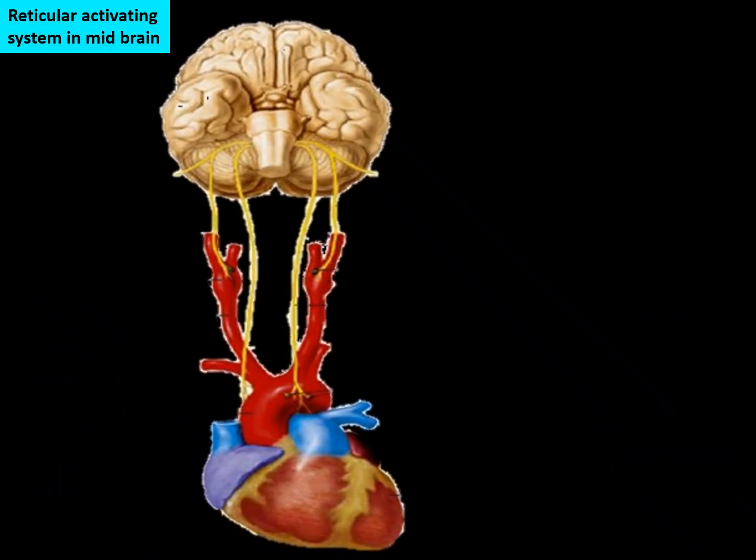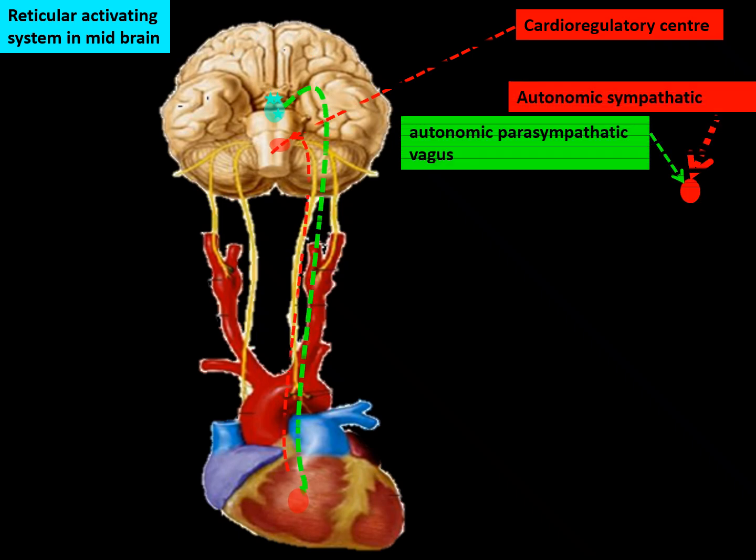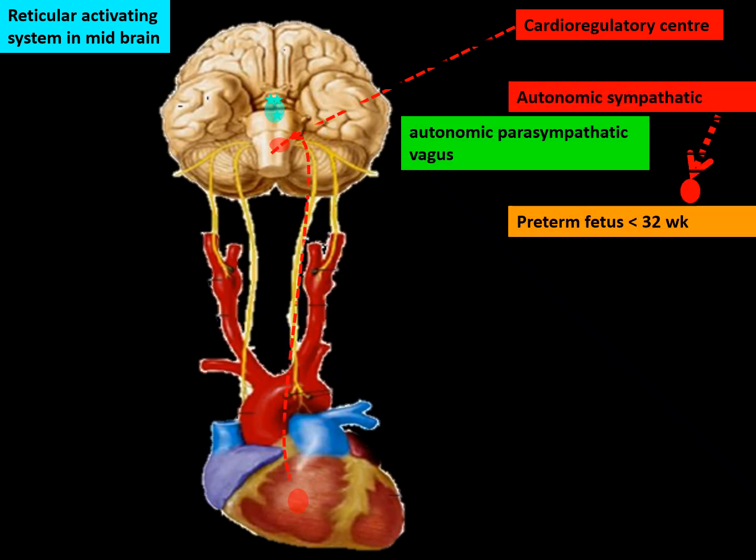Let's see how the reticular activating system in the midbrain is working. The reticular activating system in the midbrain directly affects the cardioregulatory center through the autonomic sympathetic and autonomic parasympathetic vagus.